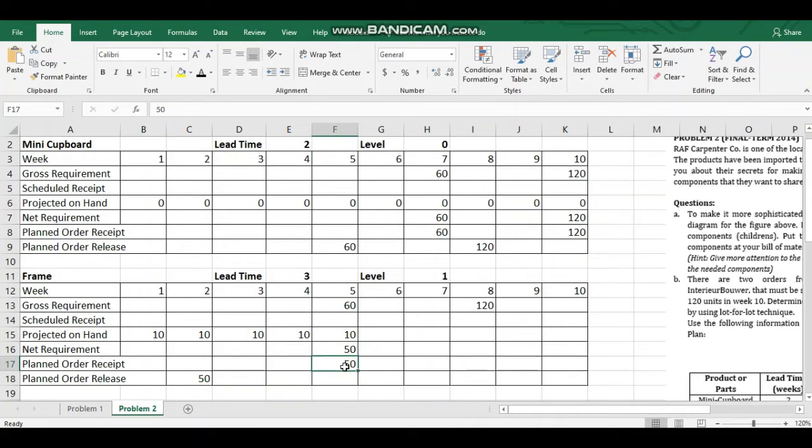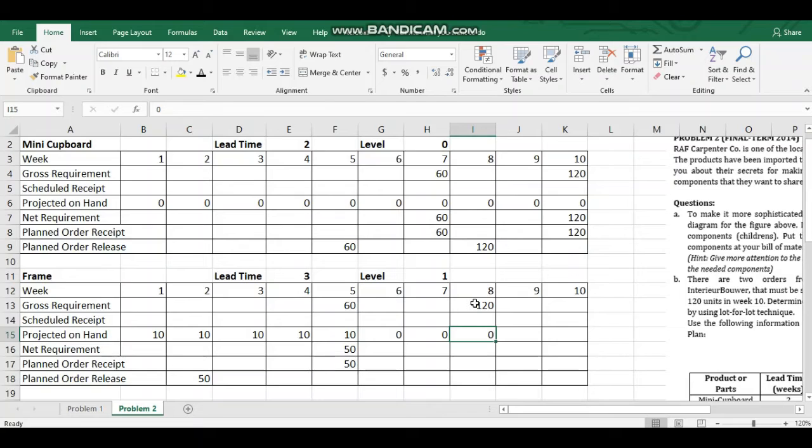We just order as much as we need. So we have no inventory in week 6, because these 10 units were already used to fulfill the requirement in week 5. So there's no inventory until this week.